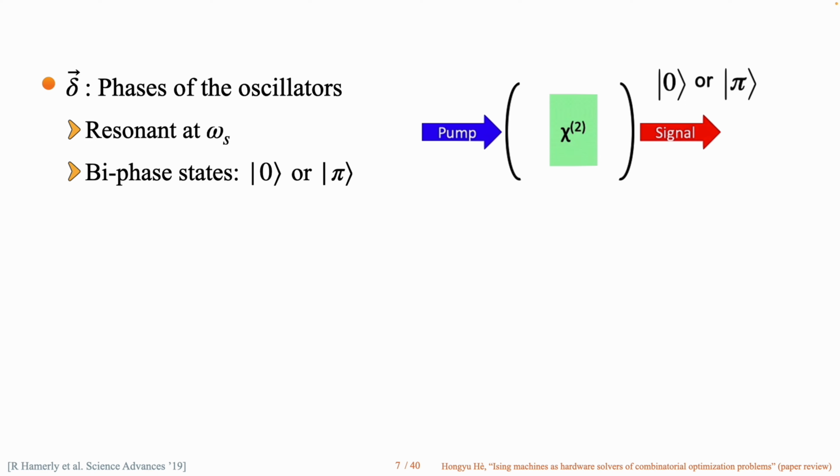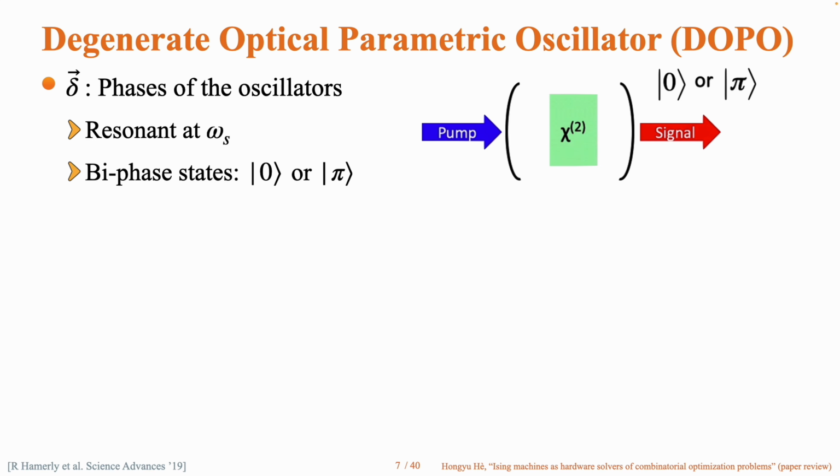In this case, they are resonating at the same frequency, omega s, and in binary phase states, either at 0 or at pi. And this is also called the Degenerate optical parametric oscillator. Sorry, it's a bit of a mouthful, but DOPO.